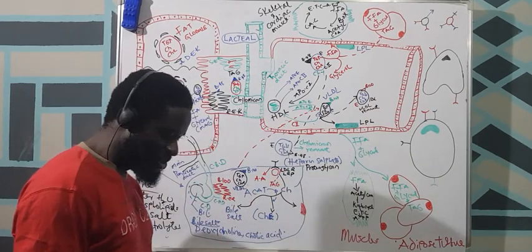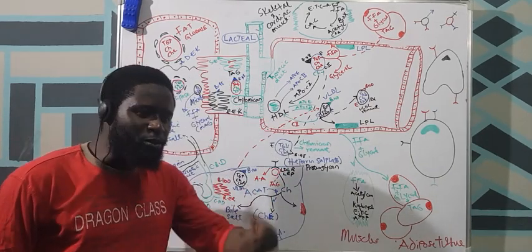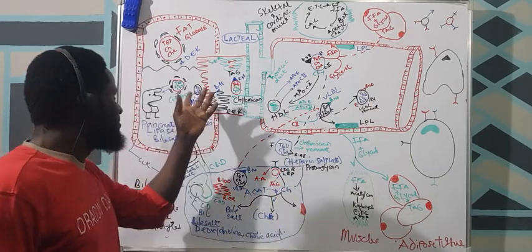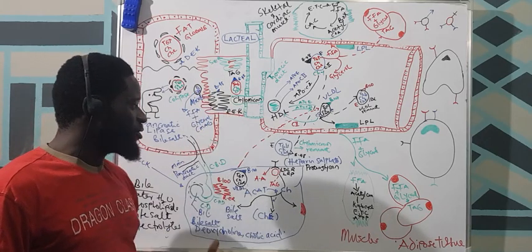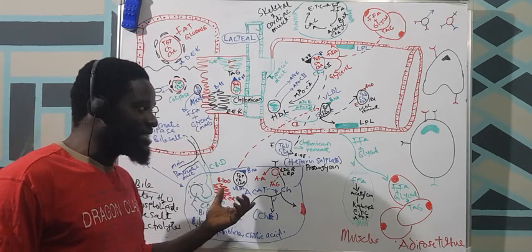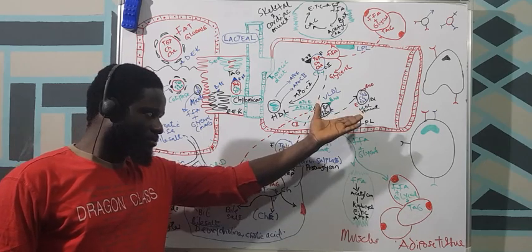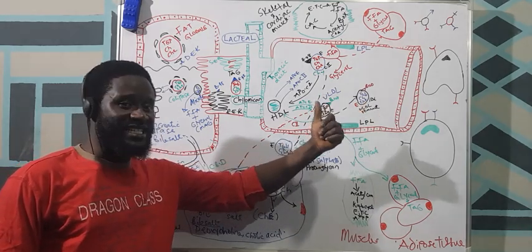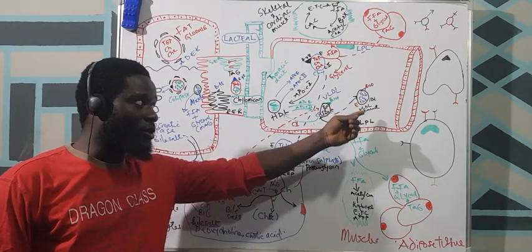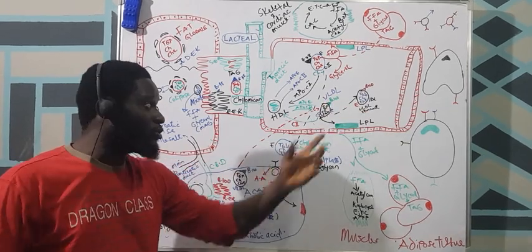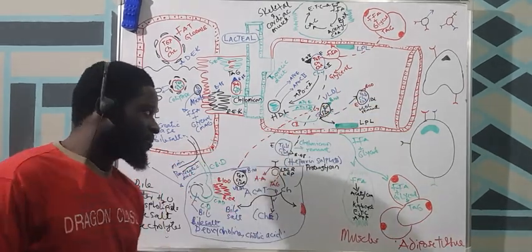Isn't this cool? So you see, we are able to break down from fat globule to chylomicrons to very low density lipoprotein to intermediate density lipoprotein, otherwise called VLDL remnants.